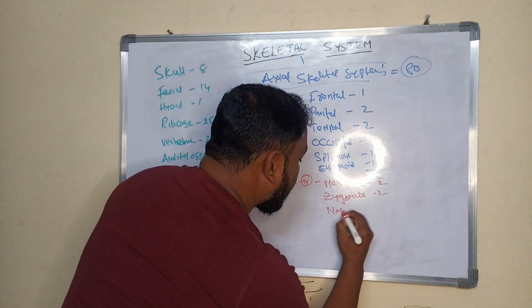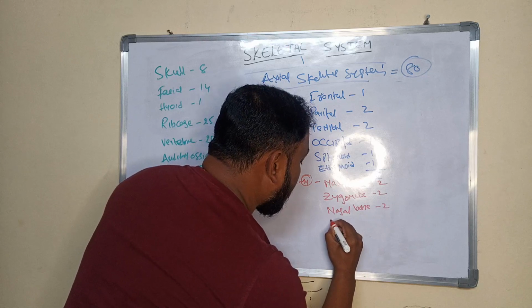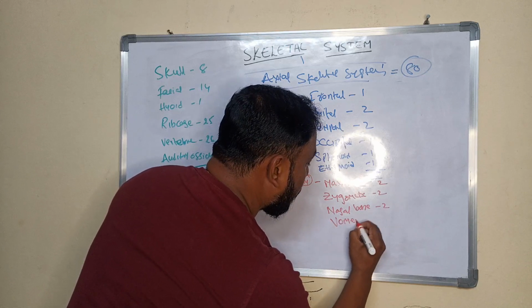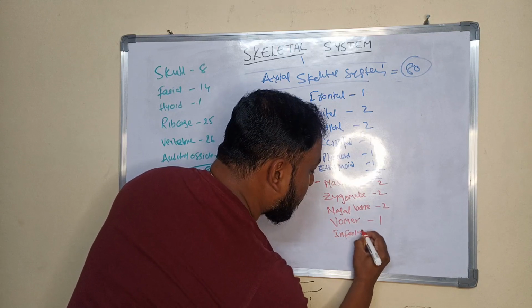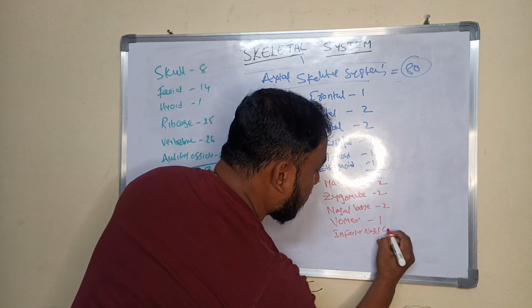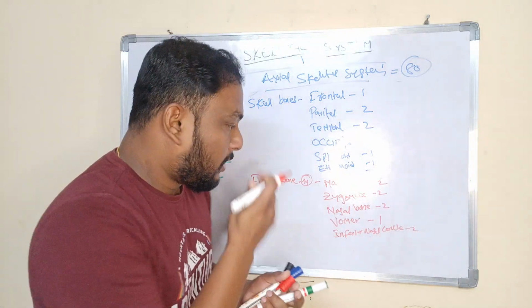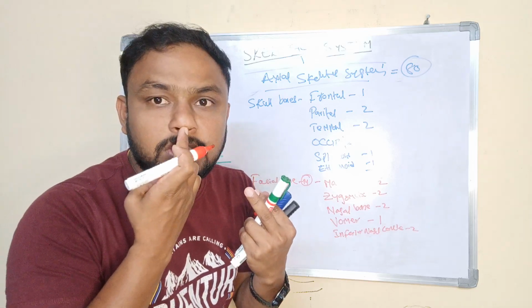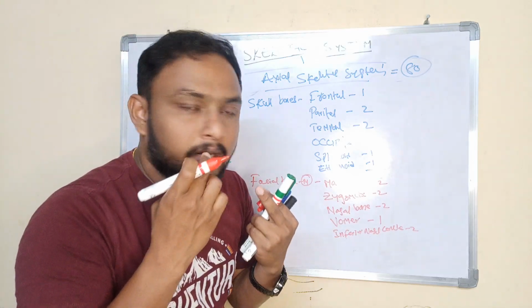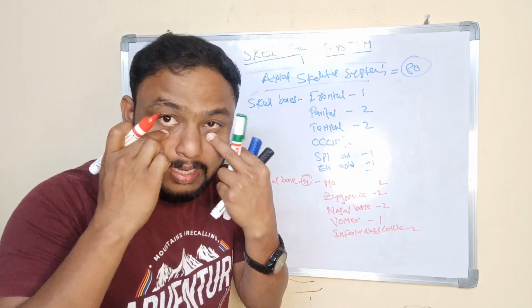Nasal bones, 2. Vomer, 1. Inferior nasal concha, 2. These are related to the nose: the two nasal bones, the vomer lying between them, and inferiorly the inferior nasal concha.